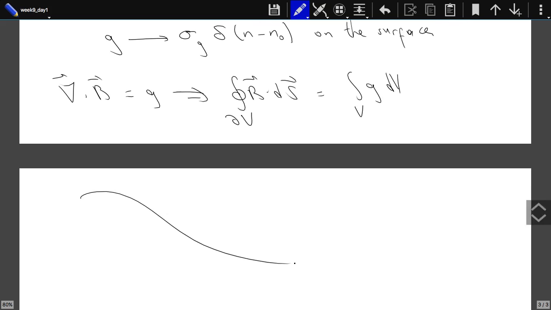So you take your surface, take some volume, evaluate B dot ds over the surface of that volume. That just becomes B out minus B in dot n ds in the limit that this height goes to 0.